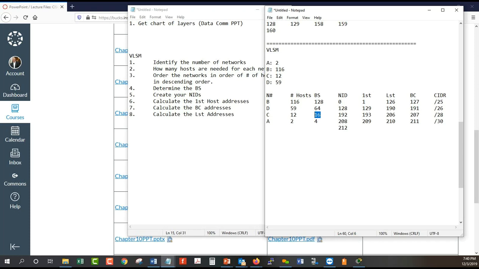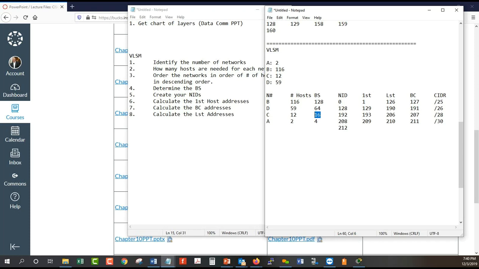In the case of network D, block size 64 minus 2 gives me 62. So I'm going to have 62 usable addresses, 59 of which I can use right now. Network C, I allocate 16 minus 2 gives me 14, and I need 12. So I'm ultimately only going to have 2 left over.